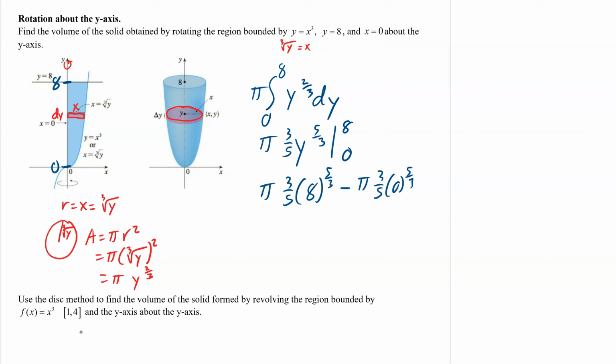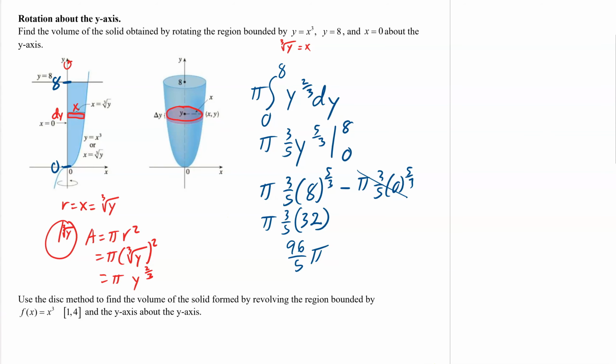I just put all that together because I already know the next part's just going to become 0, so we don't have to worry about it. And then 8 to the 5/3 would become 2 to the 5th, which is 32. And so we would end up with 3 times 32, so 96 over 5 pi.